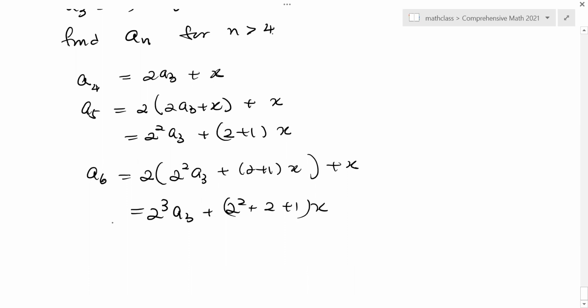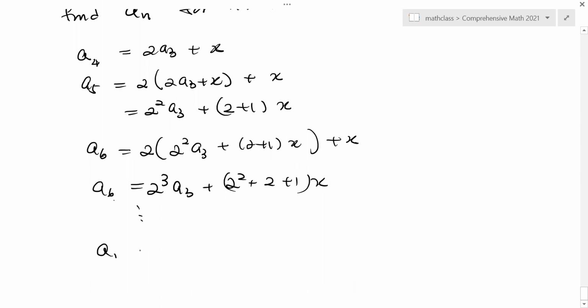Because A6 is like that, the general formula is going to be An equals 2 to the power of the difference here, 6 and 3, the difference is 3. So it's going to be 2 to the n minus 3 times A3.